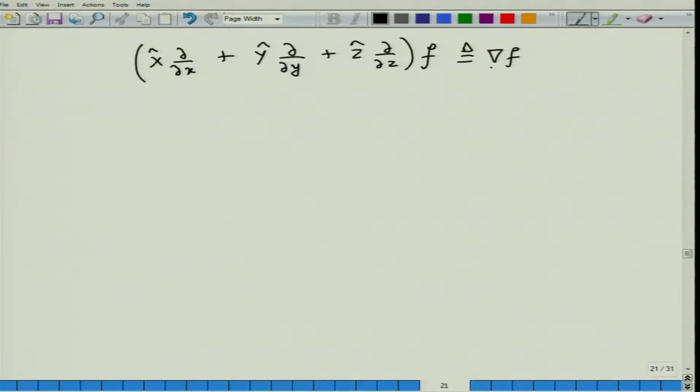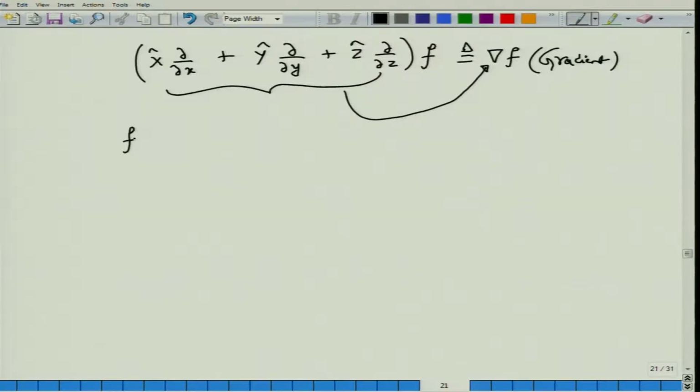And this gradient of f is a vector quantity which can be used to dot with any other quantity, and the way we denote this entire thing that is in the brackets is by writing the inverted triangle and calling this nabla or the del operator. So, this is an example of one of the vector calculus operations that you are going to do with the scalar quantity, called the gradient.